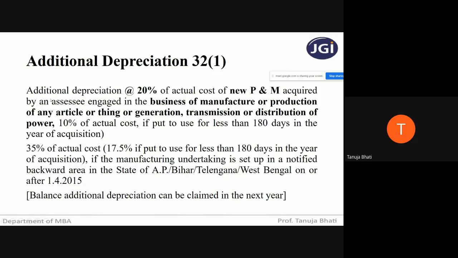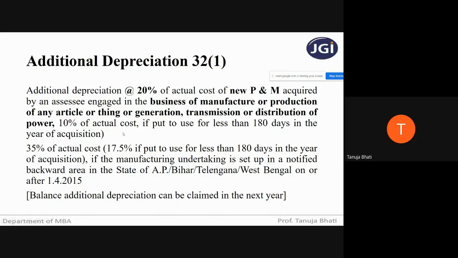Let me just read this. Additional depreciation at the rate of 20% of actual cost of new plant and machinery acquired by the SSE engaged in the business of manufacture or production of any article or thing, or generation, transmission or distribution of power.